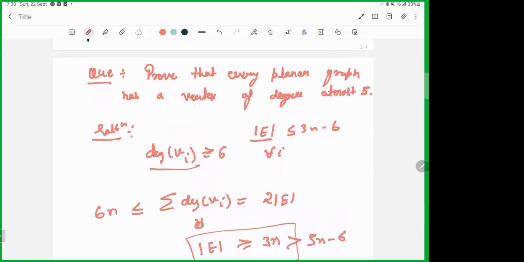For bipartite graphs, we have that the number of edges is not more than 2n minus 4.